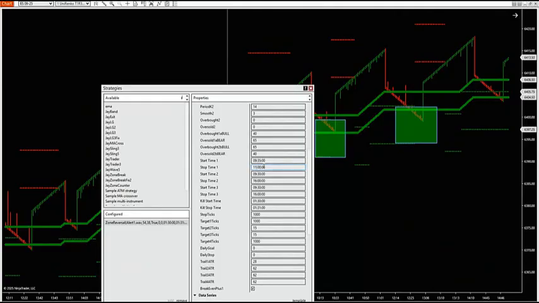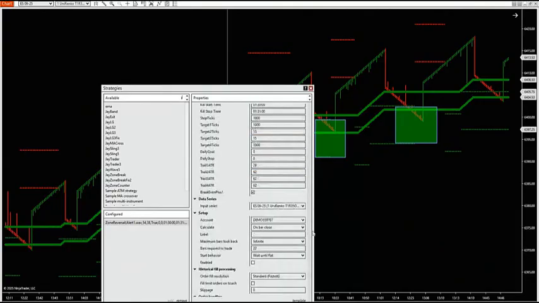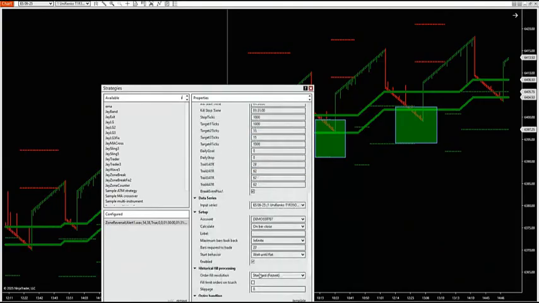Let's say you only want to trade from 9:35 to 11, and you don't want to start trading until lunch hours open, and you want to go 1:30 to 4 o'clock. Then it will only trade that window.